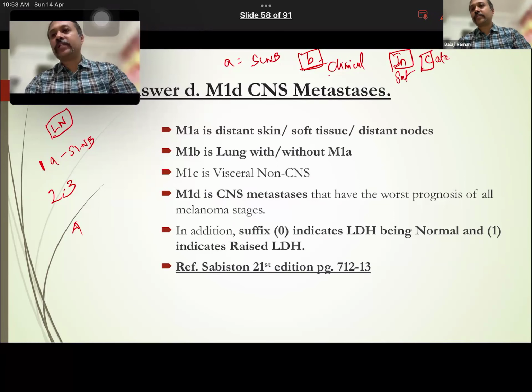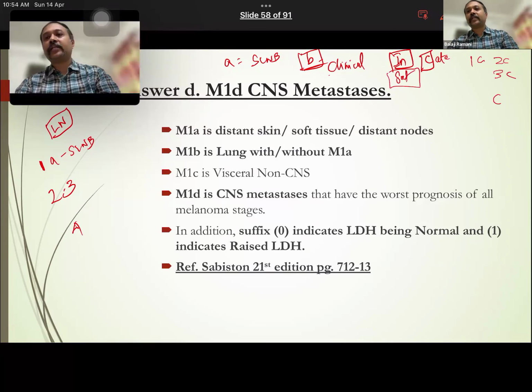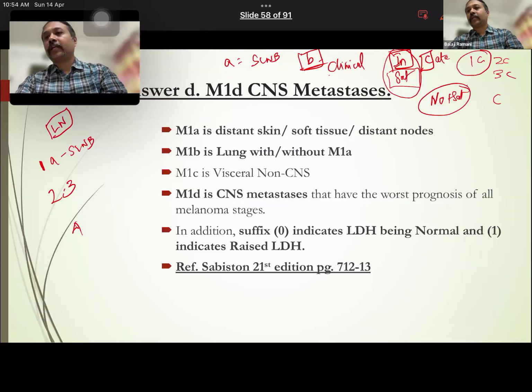So the first question asked is, do you have in-transit or satellites? If the answer is yes, then it is C. Is it N1C or N2C or N3C? Whenever you have a patient with a presentation of melanoma, you look at the in-transit or satellites. If it is present, it is going to be 1C, 2C or 3C. If it is only a satellite nodule without nodes, so N0 plus satellite, that is N1C.